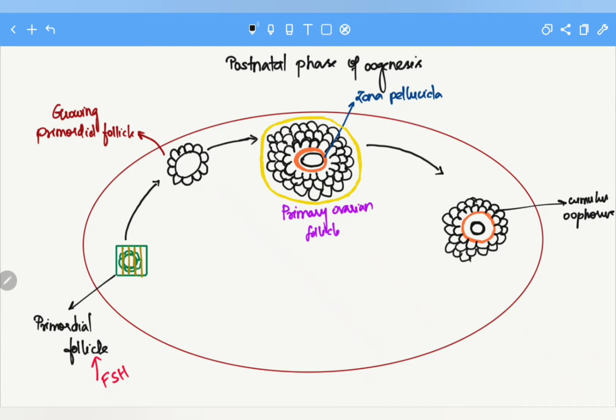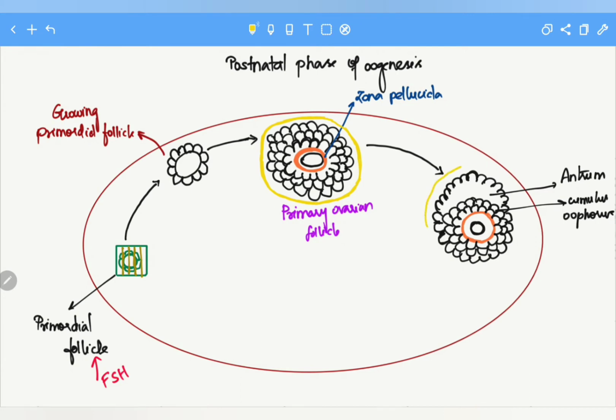At this stage there arises a fluid filled cavity, and this fluid filled cavity is called the antrum.